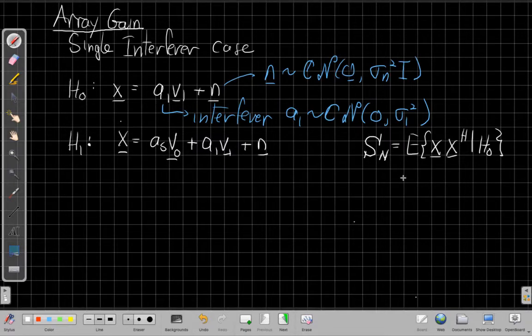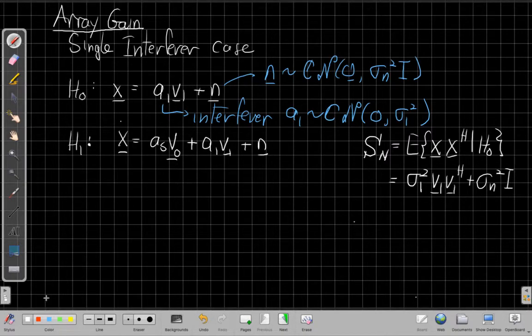And we can show for this particular case, MVDR doesn't assume this, but it's just the simplest interesting case to look at with MVDR, that if we plug in for X X Hermitian and bring the expectations inside, we'll end up with sigma 1 squared times V1 V1 Hermitian plus sigma n squared times I. And we saw this similarly last week with the generalized sidelobe canceller video.